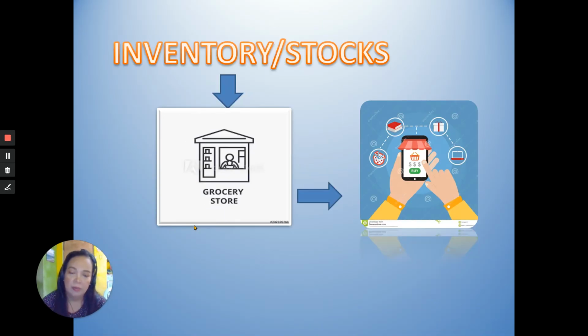Using the same example, one of the biggest problems of business, especially if your business is in the category of a restaurant or a fast food chain, definitely one of your major concerns would be your inventory or your stocks, many of which are perishable products. You have to think of an alternative on how you can dispose of this, or else it will be a spoilage or a waste of product.